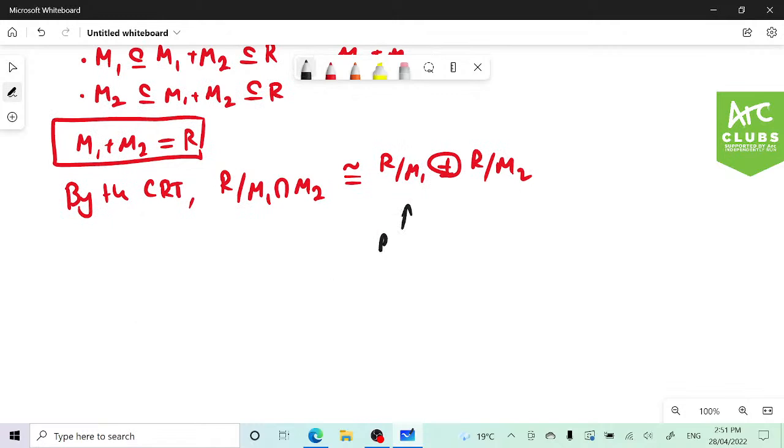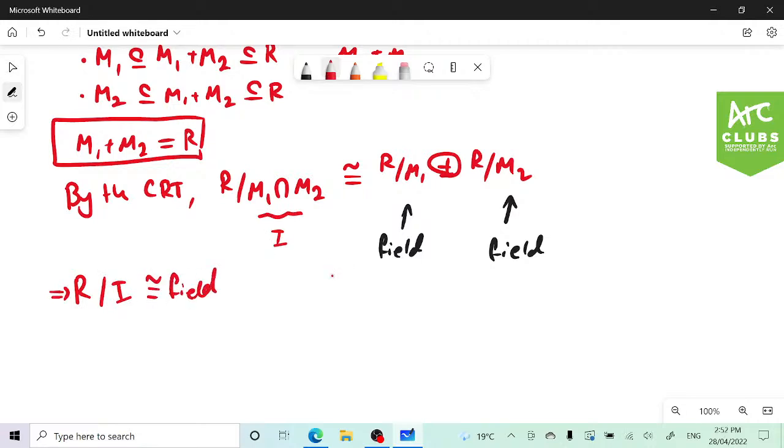This is a field because M1 is a maximal ideal. This is also a field because M2 is a maximal ideal. So you have that R mod I, because remember that this here is I, is isomorphic to a field direct sum with another field here. And that's done.